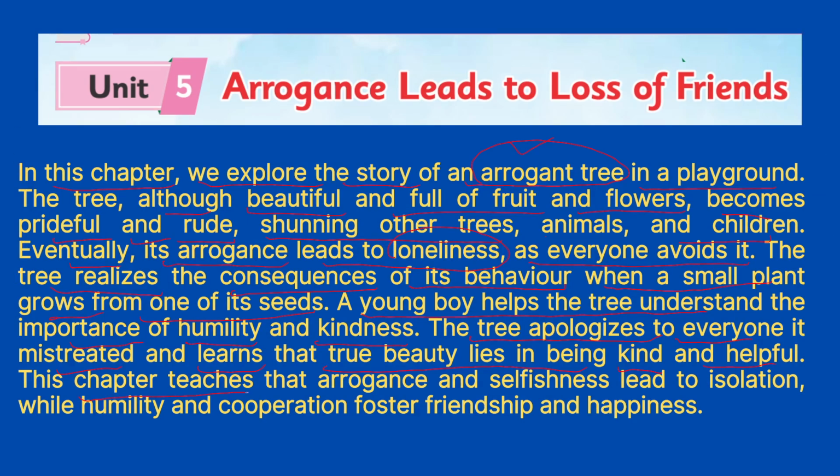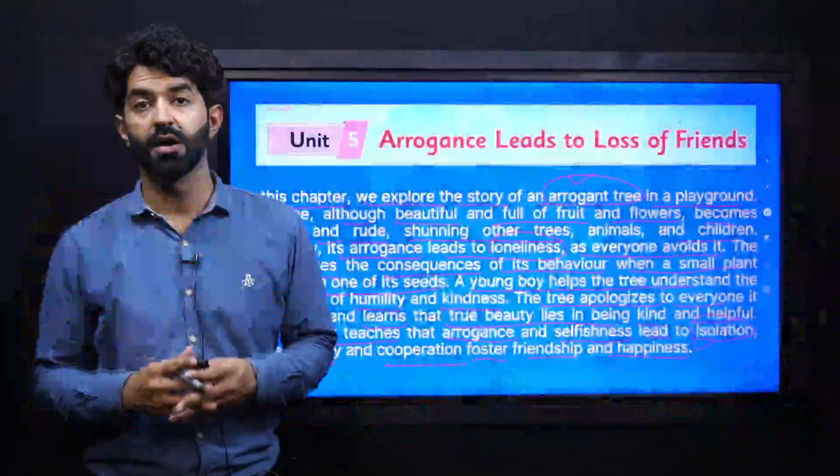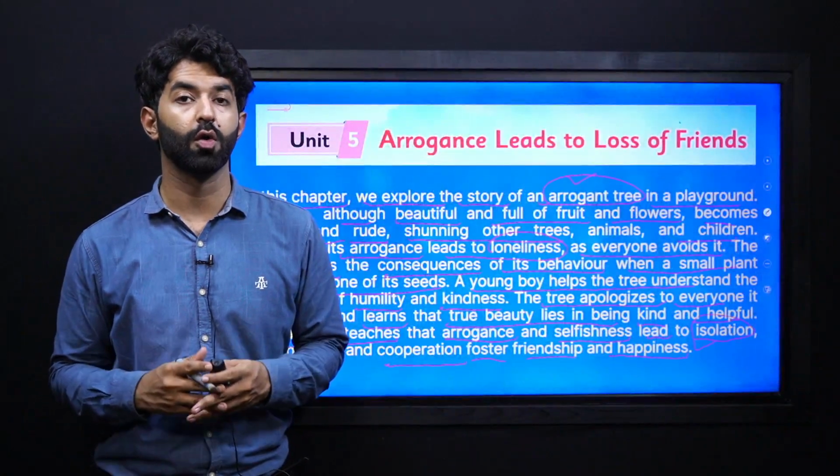And this chapter teaches that arrogance and selfishness lead to isolation, while humility and being down to earth and humble, and also the cooperation, fosters friendship and happiness. So this is our theme's overview of the whole lesson.